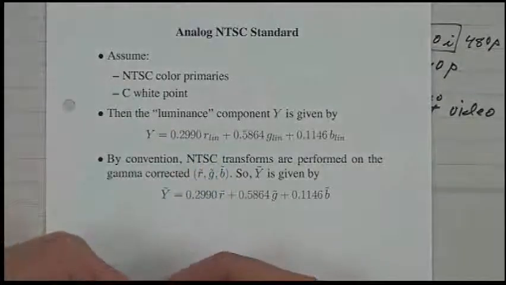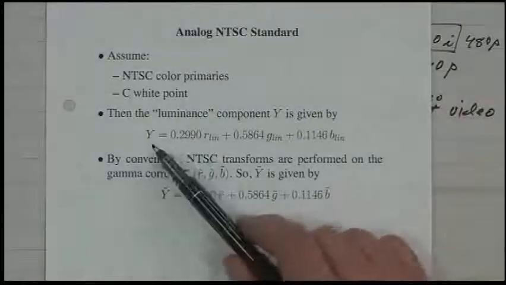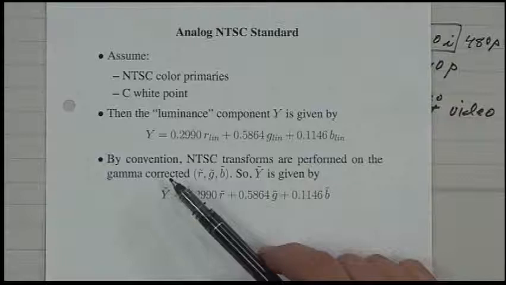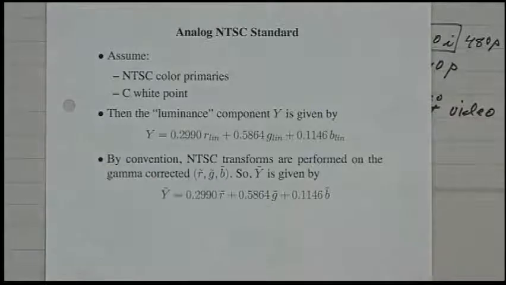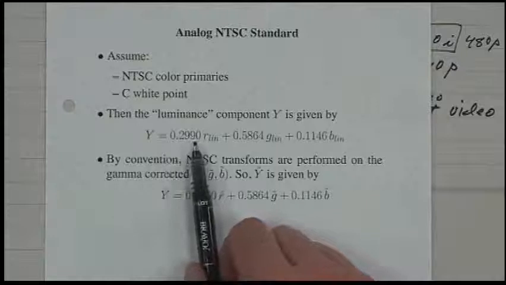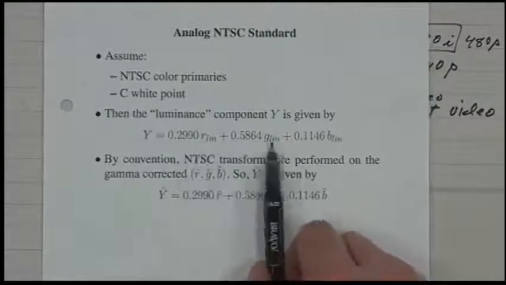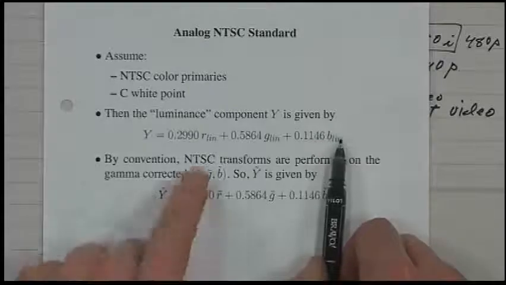This is the way the analog standard incorporated color, because they had to be backward compatible. So what they did is that the Y component, when we did X, Y, Z, the Y component is formed by the following combination of red, green, and blue. Okay, you can just read this off the matrix.